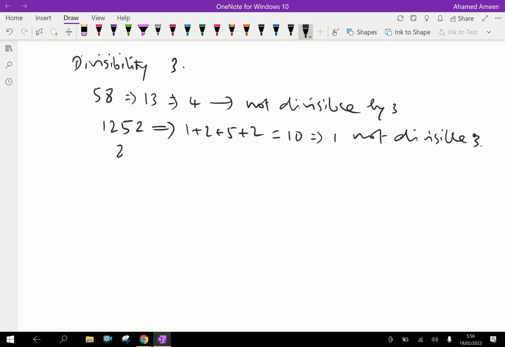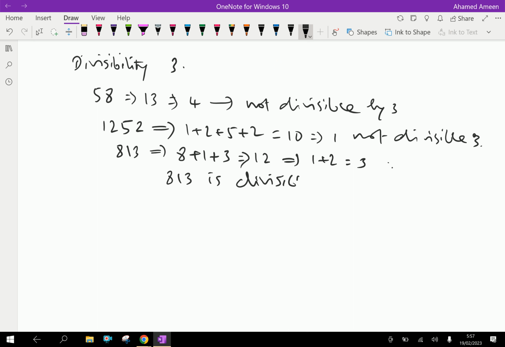Suppose we take 813, which we can check: 8 plus 1 plus 3. 8 plus 1 is 9, 9 plus 3 is 12. Further, 1 plus 2 equals 3, so it is divisible. Therefore 813 is divisible by 3. Like this we can check.